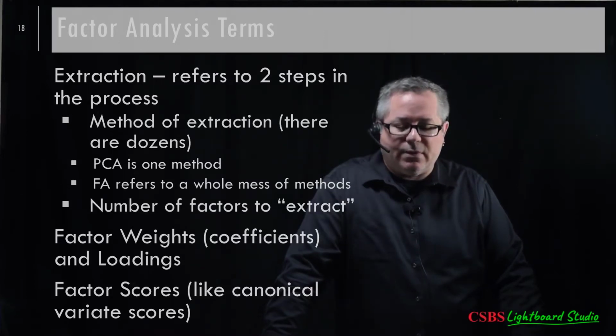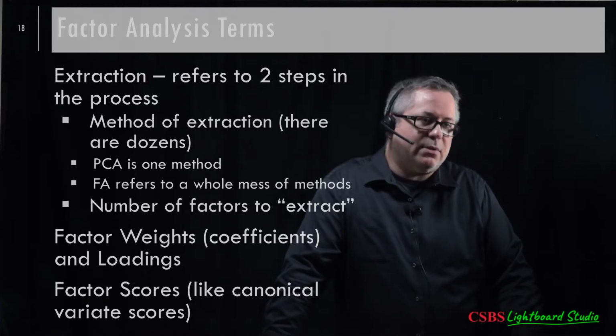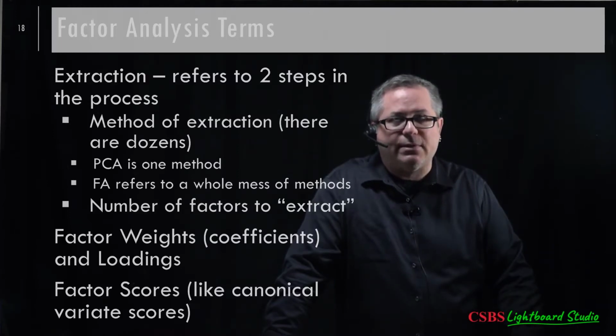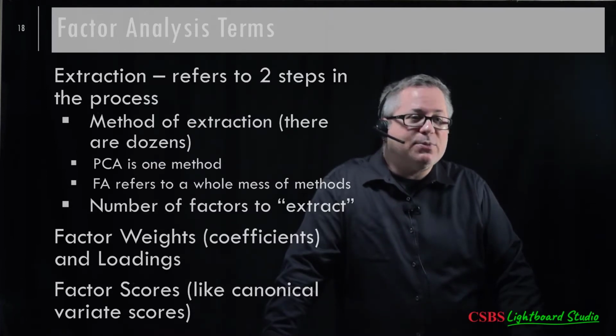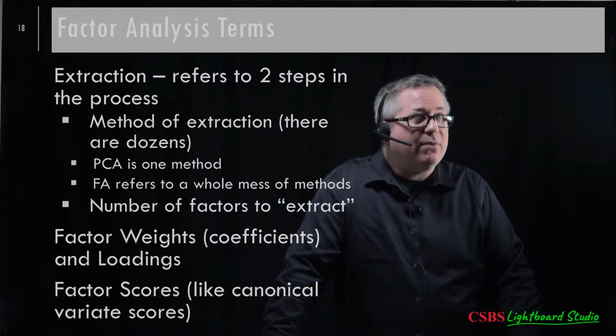Because there's something called principal axis factoring, there's maximum likelihood factor analysis, there's image factoring, alpha factoring, there's minimum residual, there's generalized least squares. There's a bunch of different ways in which factor analysis can be done, and I'm pretty sure every one of those differs in how it's trying to estimate the commonality.